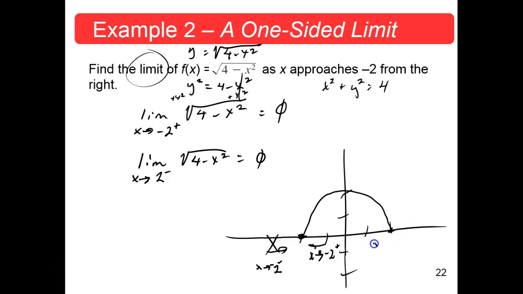But over here, x is approaching 2 from the negative side and cannot approach it from the positive side, because there's nothing out there. The function is not defined there. So that's why these two work, the other two don't.